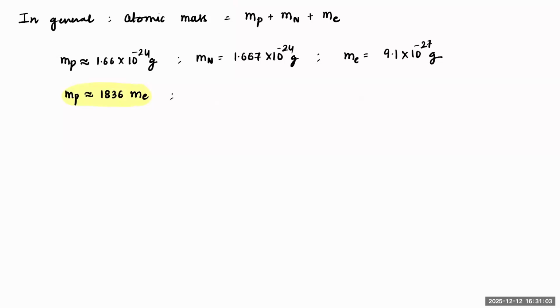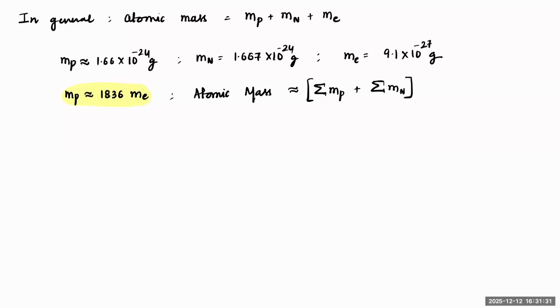Hence, if you compare the atomic mass in general, you will notice that the mass of electron is ignored in front of these two. So that's why we write atomic mass is approximately equal to summation of all the protons plus summation of all the neutrons, correct?